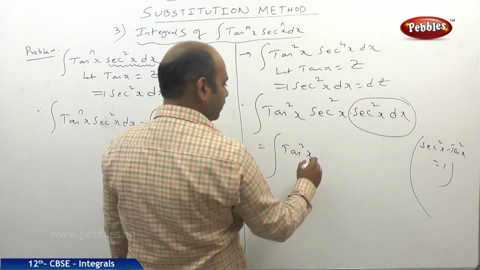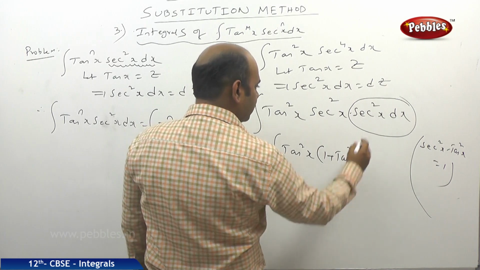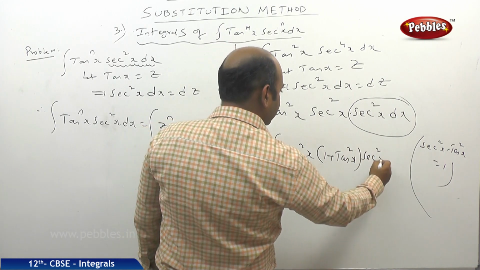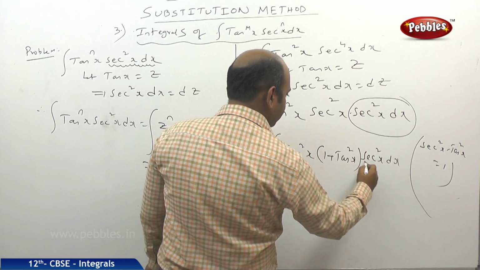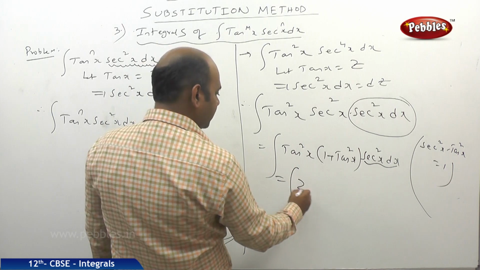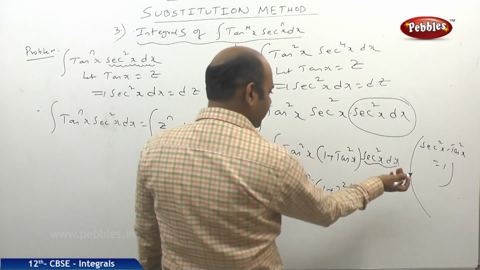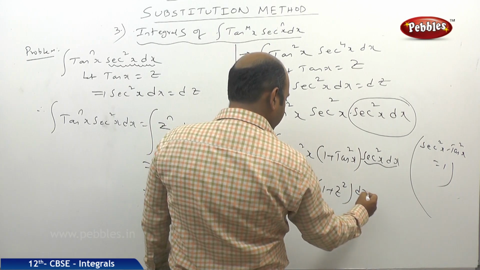So wherever secant square is there, I can write it as 1 plus tan square x, and here secant square x dx. So what does this become? Tan x is z, so this becomes z square, and here 1 plus z square, secant square x dx means dz.